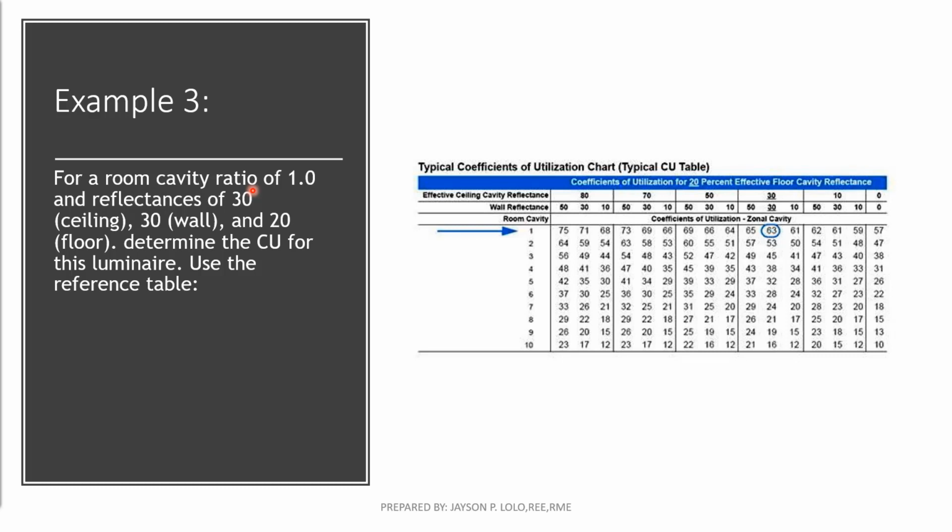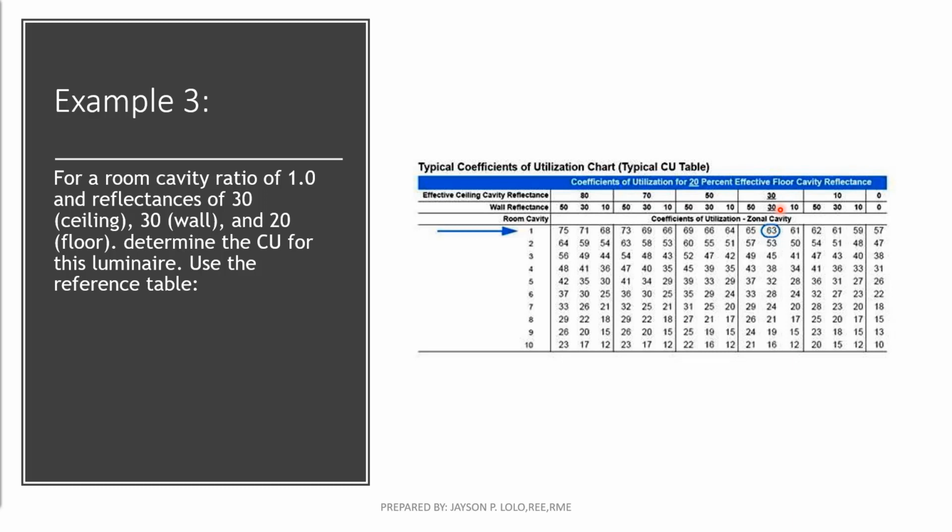There is already a formula, but the reflectance will depend on you, as a civil engineer or an architect, to use for getting the coefficient of utilization in your table. So determine the CU for this luminaire and use the reference table below at the right side. If you are using room cavity ratio 1, you have the value 1. Then for the ceiling cavity, it is 30, so let's go to 30. Your wall is 30.